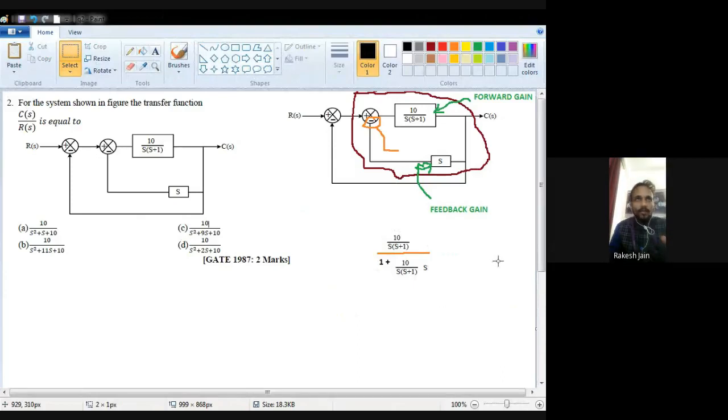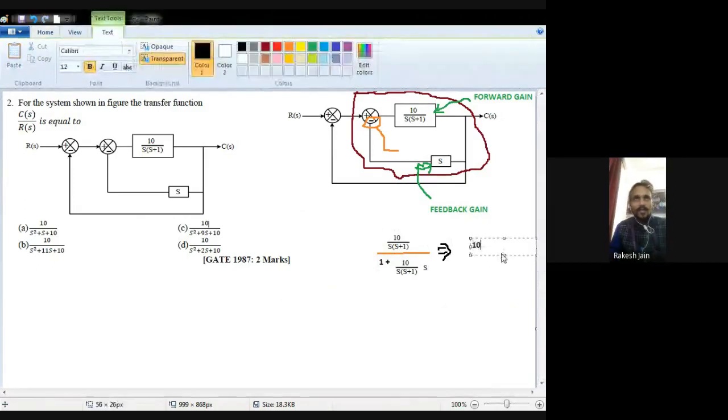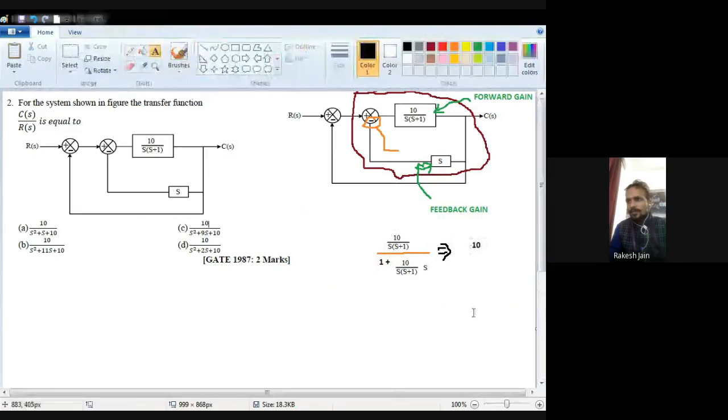Now I will solve this. So 10 upon S(S plus 1). I just solve this one. So 10, I just put S(S plus 1) as a denominator, LCM.